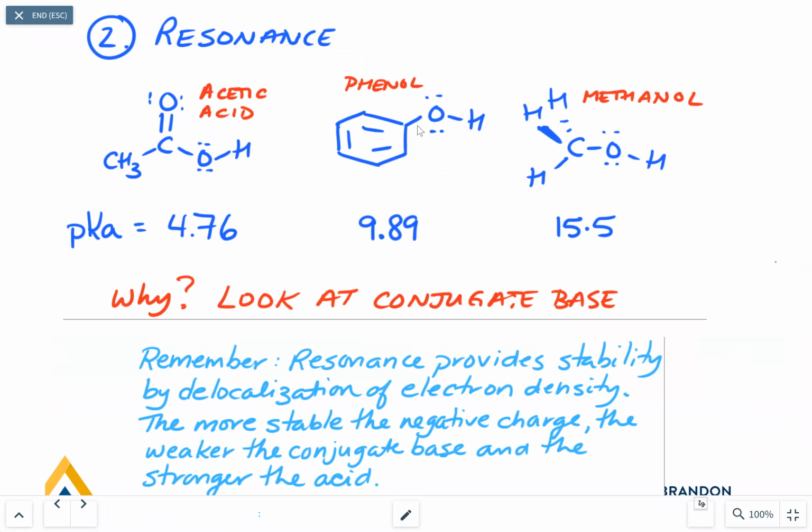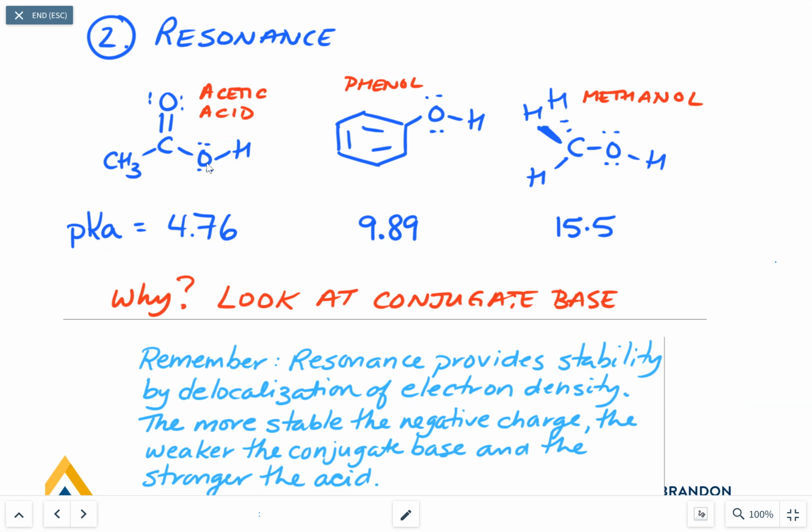So we've got 3 different substances here: acetic acid, phenol, so an alcohol attached to an aromatic ring is a phenol, and straight up, this is methanol, just a simple alcohol. The pKa's, when we're looking at them, acetic acid is just under 5, the phenol is just under 10, and the alcohol is very similar to water at around 15.5.